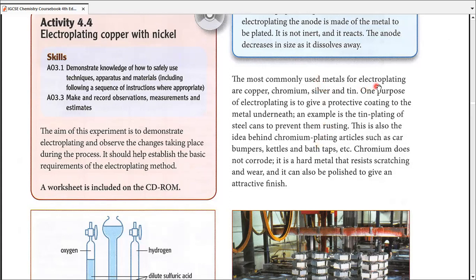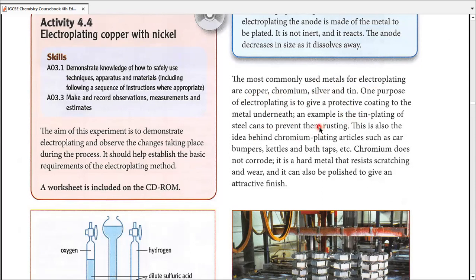Now, the most commonly used metals for electroplating are copper, chromium, silver, tin. One purpose of electroplating is to give a protective coating. For example, tin plating of steel cans prevents them from rusting. That's why you have tin cans around the world for different beverages or for different fruit storages.